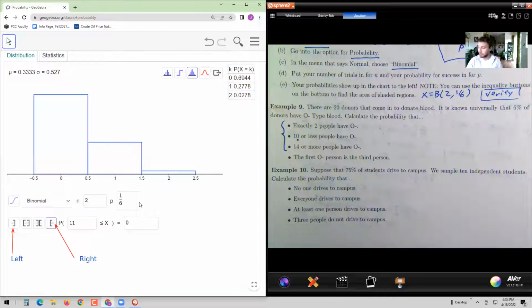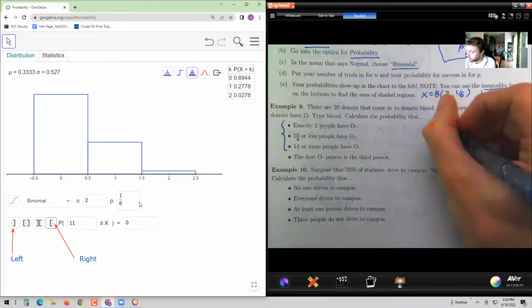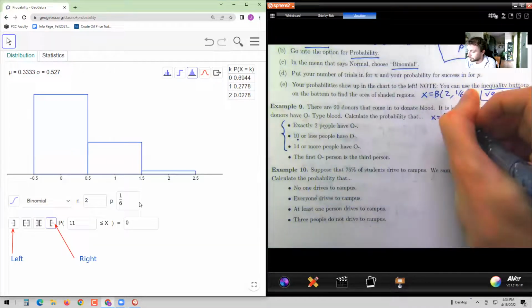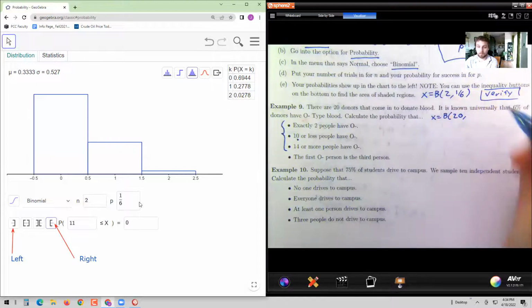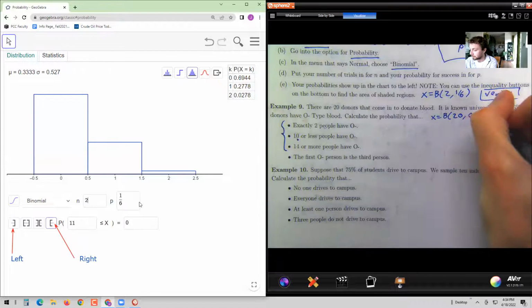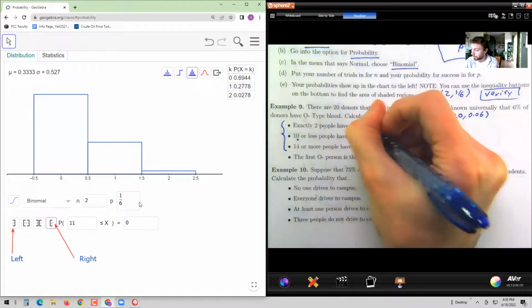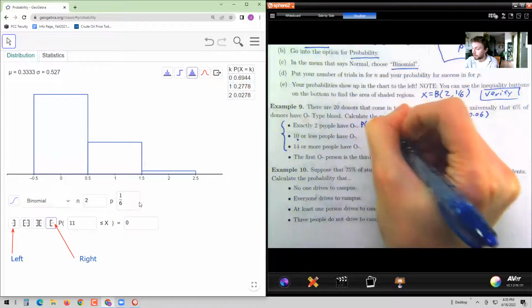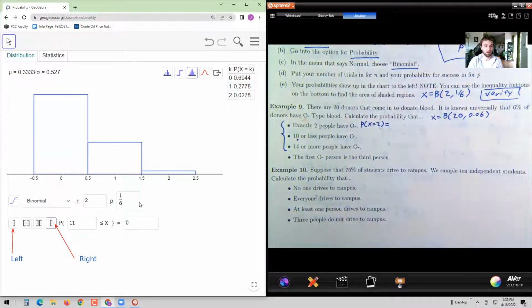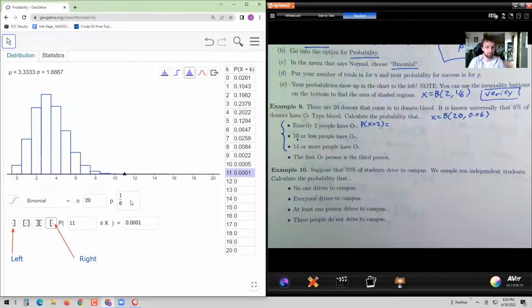For number of trials inside of binomial here, I'm dealing with 20. My success rate is 6%. And for exactly 2, I'm going to want just the block for 2 shaded in. So I have 20 for my n.